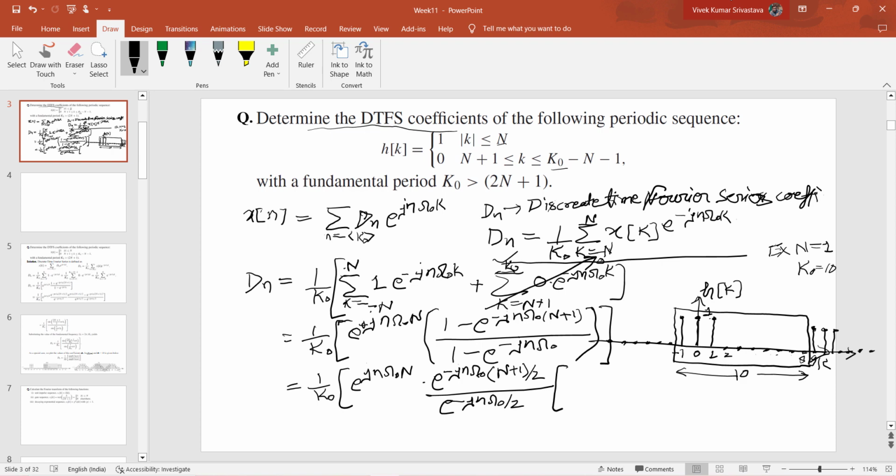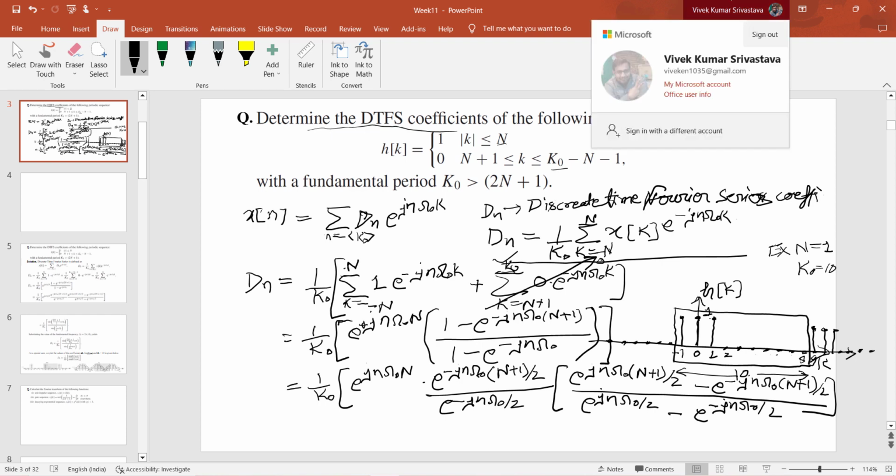So the remaining terms inside the bracket will be e raised to the power j n rho naught in bracket n plus 1 by 2 minus e raised to the power minus j n rho naught in bracket n plus 1 by 2 over e raised to the power j n rho naught by 2 minus e raised to the power minus j n rho naught by 2. Okay, so now we can solve it further. Let me expand this first.